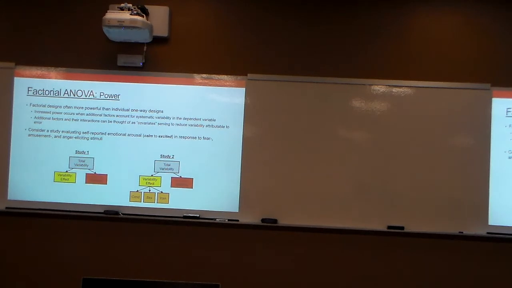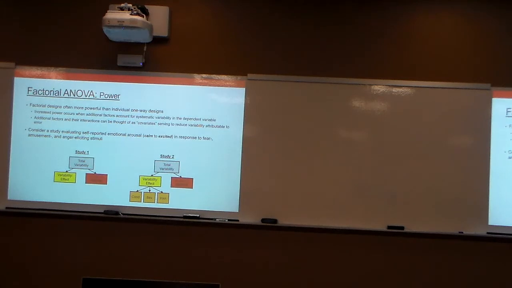What's happened to my error term here? It's gotten smaller, right? Because that stuff that previously got dumped in here is now being accounted for as an actual effect. Even if sex and the interaction don't reach traditional benchmarks for statistical significance, variability due to these things probably isn't zero, right?